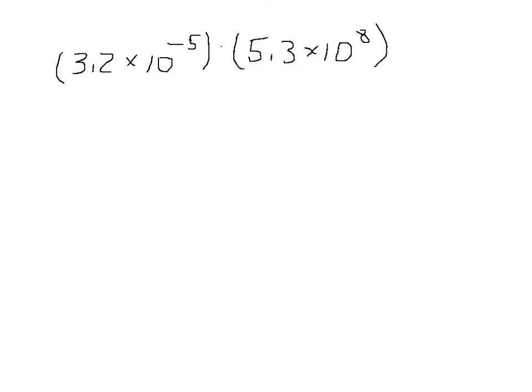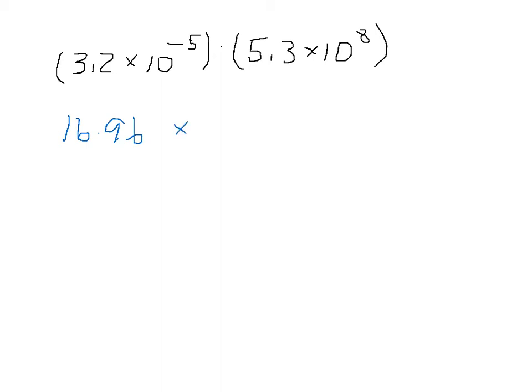So now that you've seen basically how we write something in scientific notation, let's look at some operations on numbers that are already in scientific notation. What I'm going to do simply here is multiply the numbers together, and 3.2 times 5.3 is 16.96.